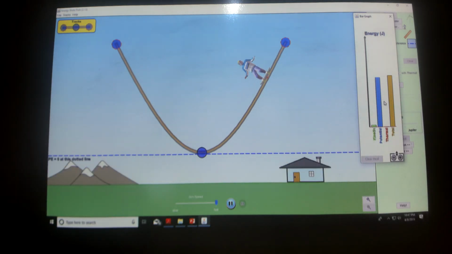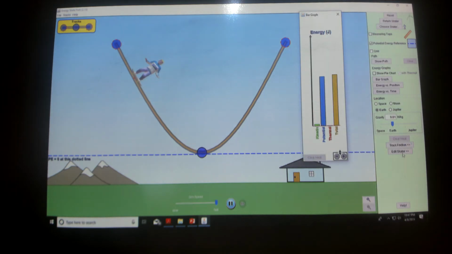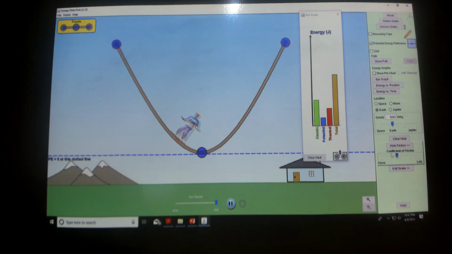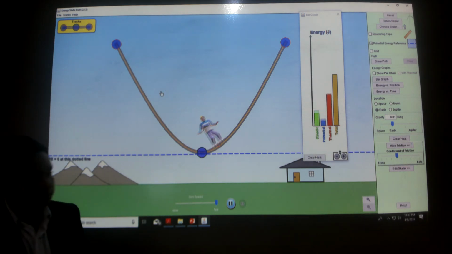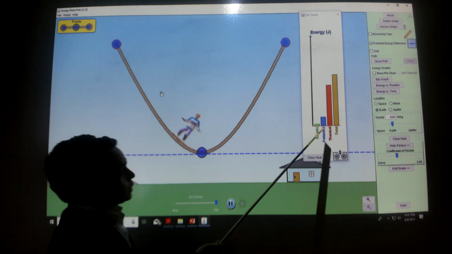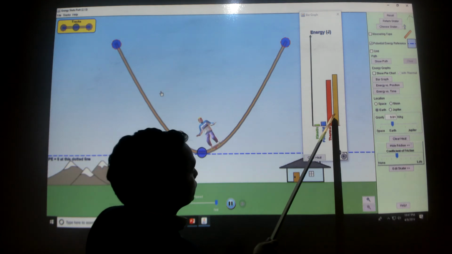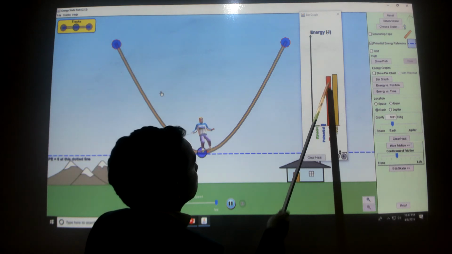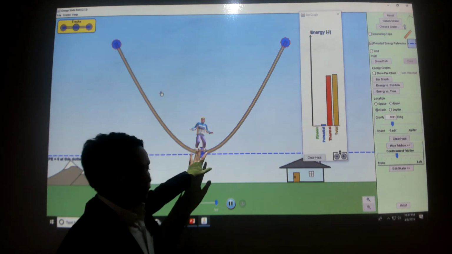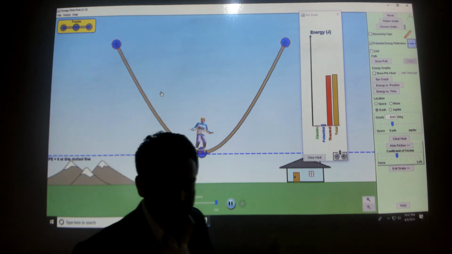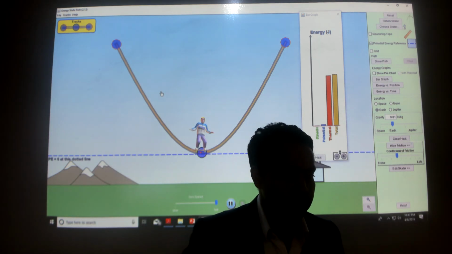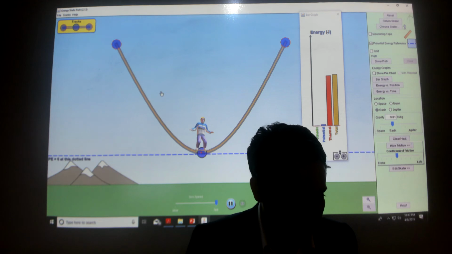And here you can do various things. I can introduce damping into the system. So if I introduce damping, what will happen now? Slowly and slowly you will see this one is changing. Now all the energy is dissipated in the form of thermal energy or heat energy, and that's the reason it comes to a stop.